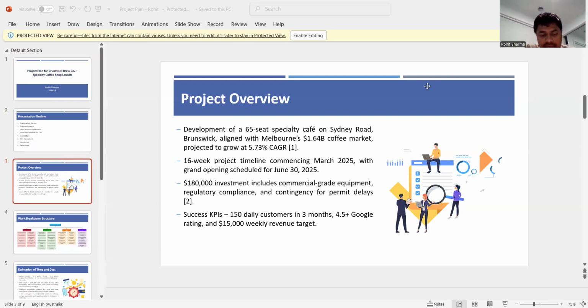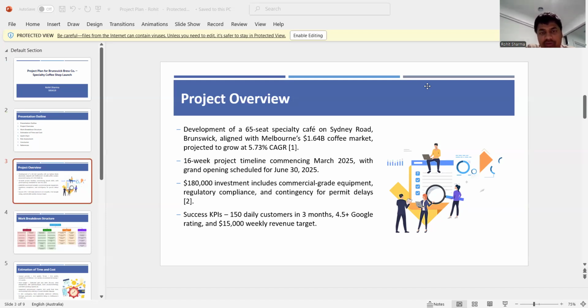As for the market opportunity, the Melbourne coffee market is valued at $1.64 billion with a 5.73% projected growth rate. The cafe is strategically positioned to capitalize on this growing demand for specialty coffee in the region. Melbourne has a great coffee demand and a great coffee culture as well.